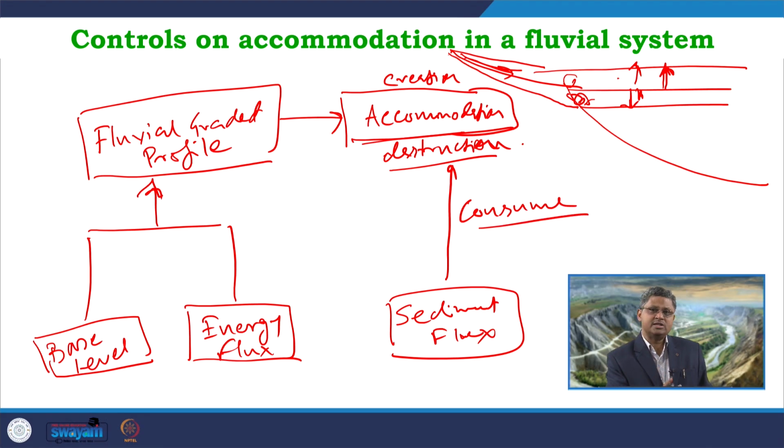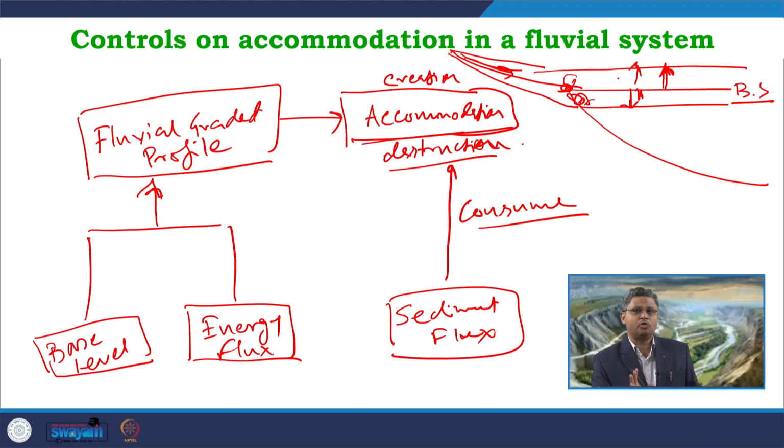I am talking about this in terms of the downstream control system, where this entire process of creation or destruction of accommodation is directly related to the change in the base level position in the marine basin, because here there should be an equilibrium between the base level and the fluvial graded profile.